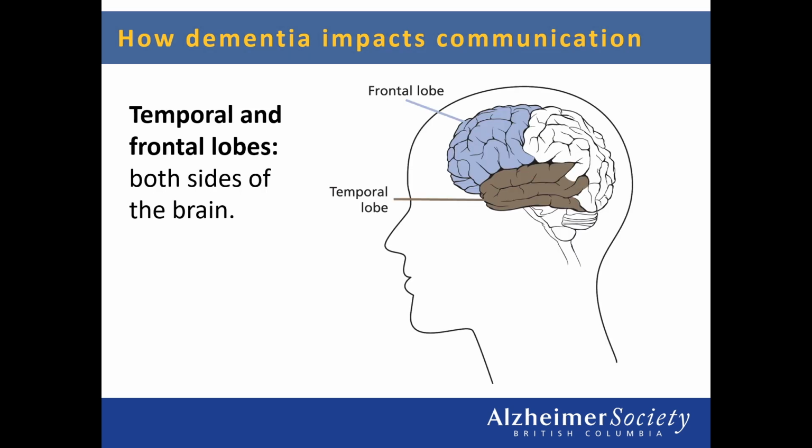The regions of the brain responsible for speech and language are primarily on the left side of the brain, in the left temporal lobe and left frontal lobe. When damage occurs in these regions of the brain as a result of plaques and tangles, vascular damage, or other protein changes, the person has difficulty with communication.